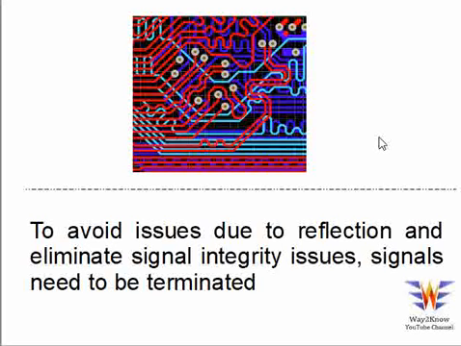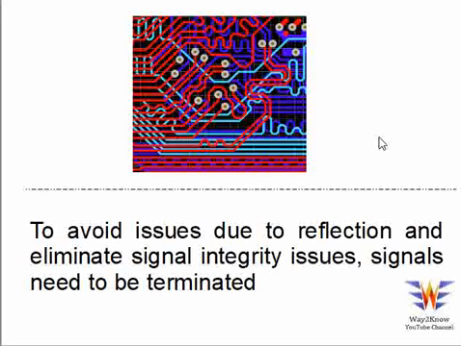To eliminate that scenario, one of the important techniques that is used in high speed designs is termination. Using terminations, we try to decay the signal that is reflected back, so that the channel remains proper, and data that is transmitted from the transmitter is received intact by the receiver without any issues.